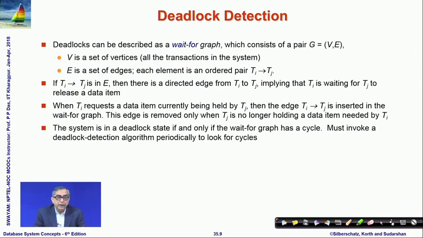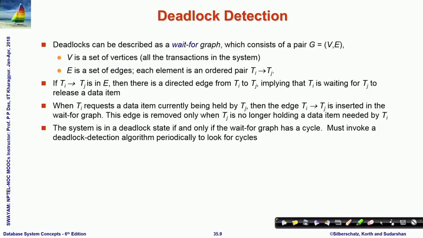So, it is important to ensure that this graph remains acyclic, which is now happening dynamically. Hundreds of transactions are getting created, they are getting committed, aborted, they are requesting locks, they are releasing locks and so on. So, how do you ensure that the graph at every stage is remaining acyclic, or that a cycle has happened and therefore a deadlock is actually happening?